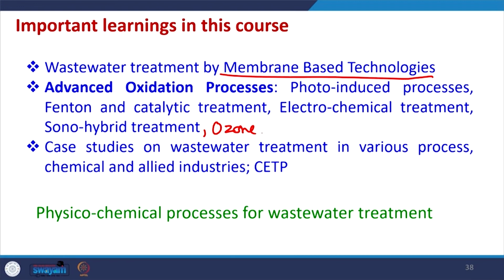So, we have studied all these techniques and developed a basic understanding of how these technologies work. In the last, we have studied the case studies with respect to wastewater treatment in various process, chemical and allied industries, and in particular we studied the treatment in the sugar industry, distillery, fertilizer and the petroleum refining industry.